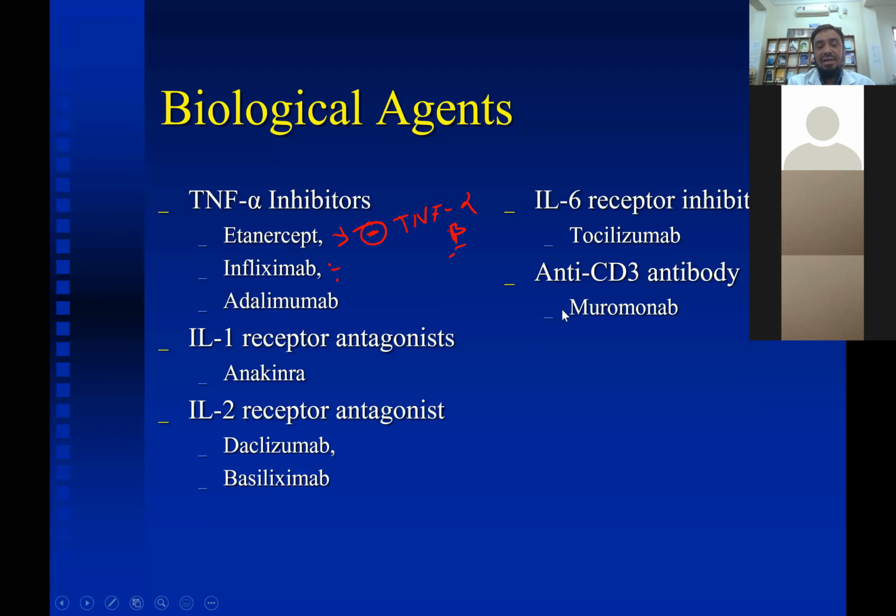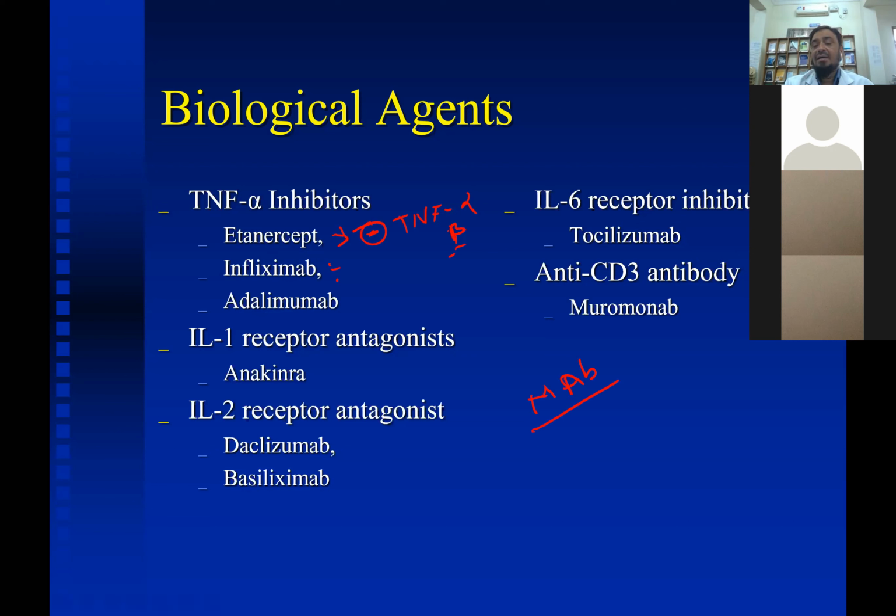You can see over here there are many monoclonal antibodies. What is a monoclonal antibody? A monoclonal antibody is an antibody which is directed against a particular clone of a particular type of antigen. So it is directed against a particular antigen only.